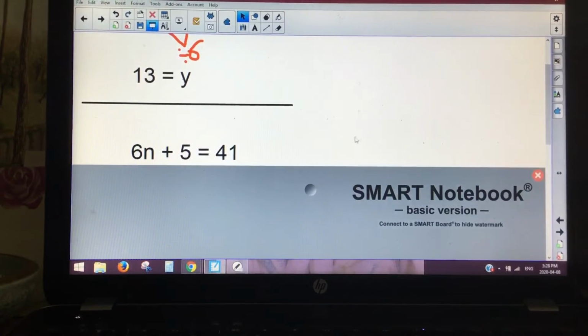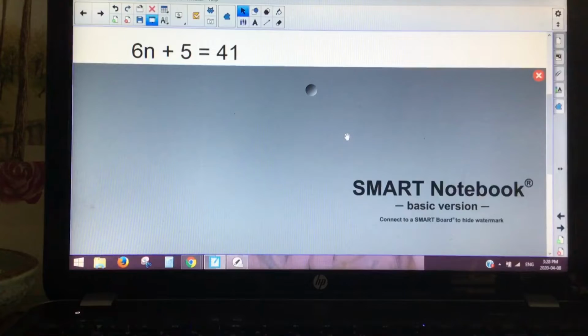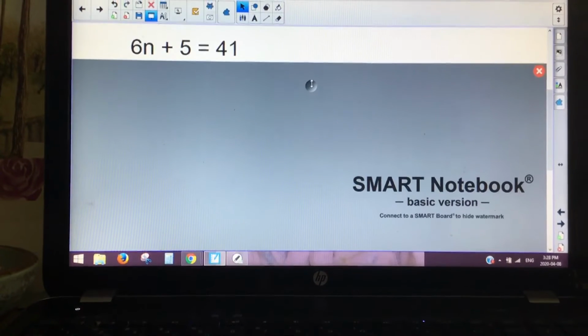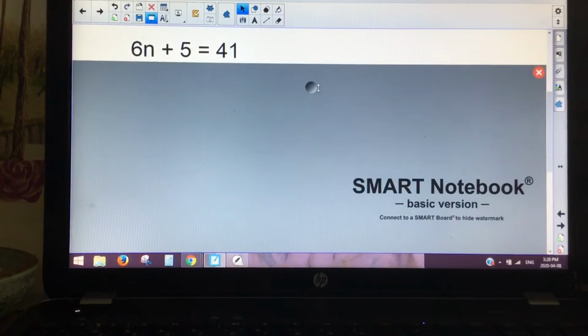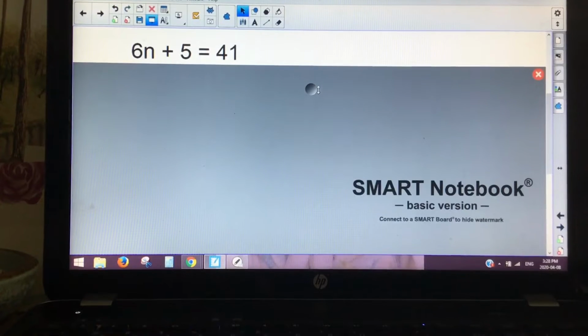Okay, here is the next one. You can see they're getting a bit more challenging. We got 6n plus 5 is equal to 41. So pause it and give it a try. Let's take it up. The first thing I need to get rid of, of course, is the addition. It's kind of reverse order of operations. I need to get rid of what's attached to my 6n before I can evaluate n.